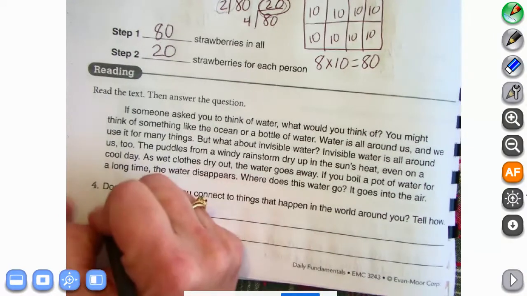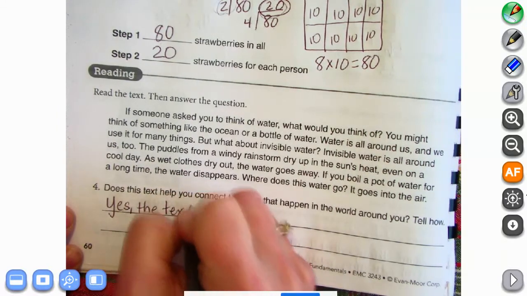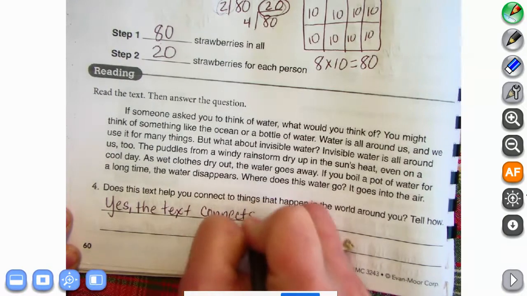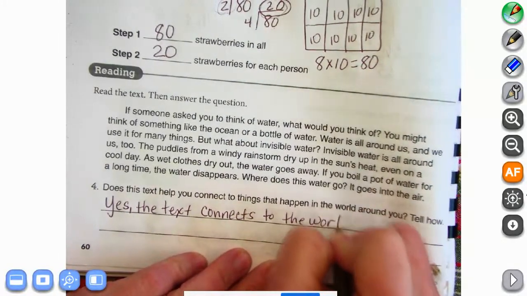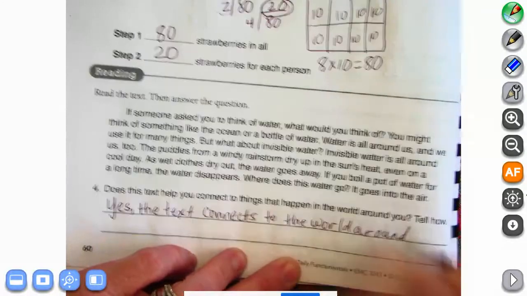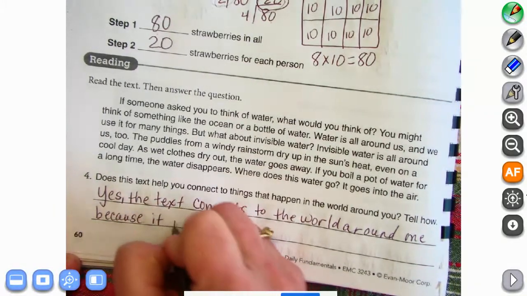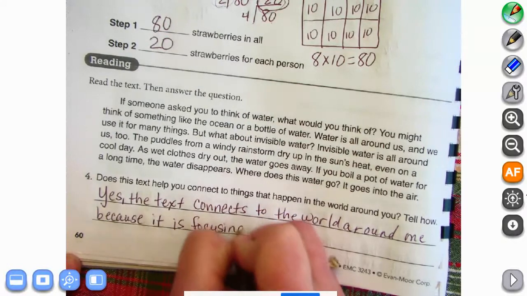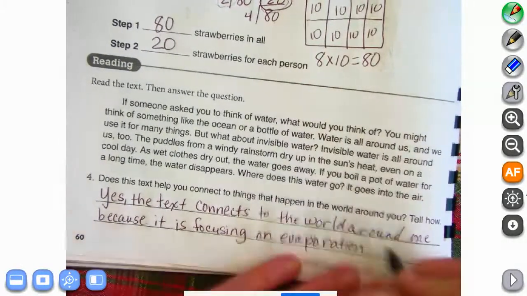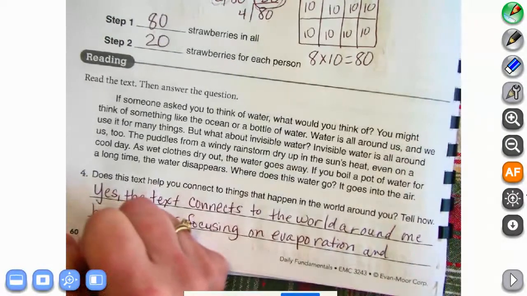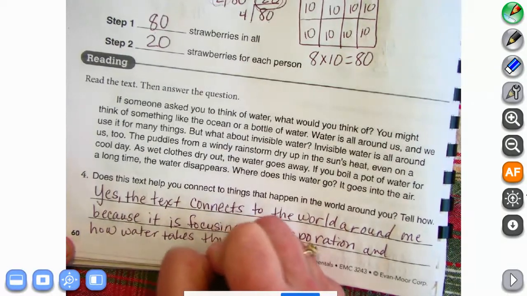So, I would answer for me, yes. The text connects to the world around me because it is focusing on evaporation and how water takes 3 forms.